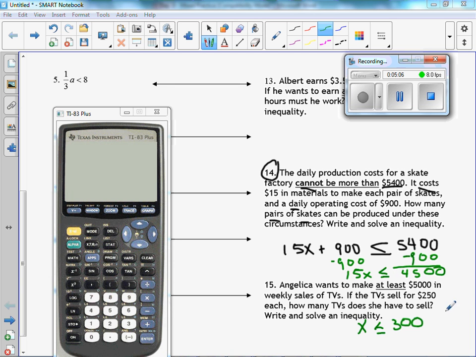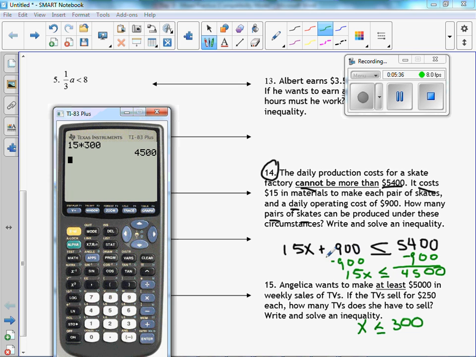Okay, did you get that? X is less than or equal to 300. Anything less than 300 or equal to 300 would fit what it's asking. So let's check it. If it's 300, what happens? If you multiply 15 times 300, we get 4,500.